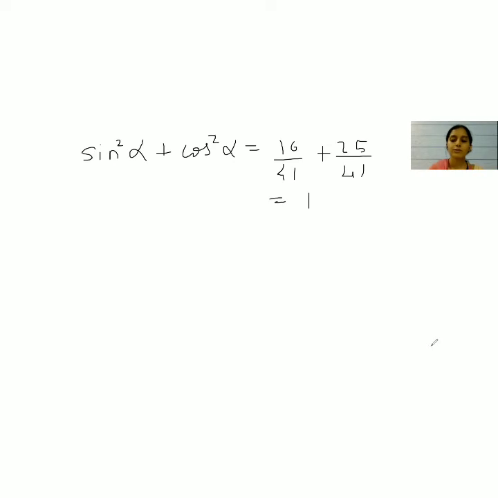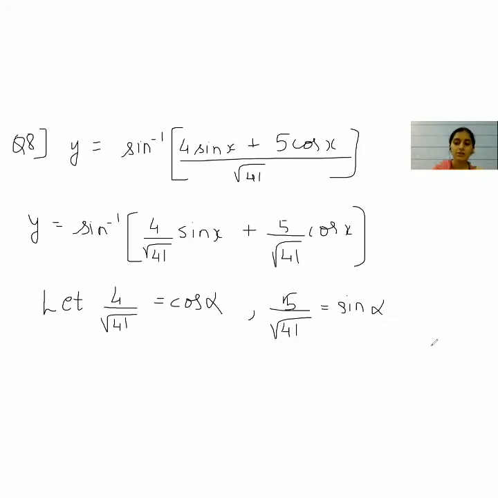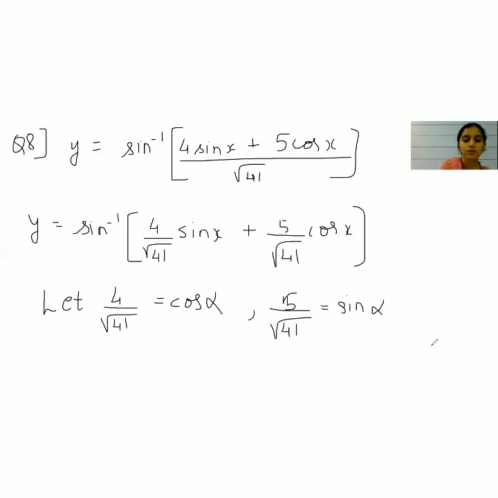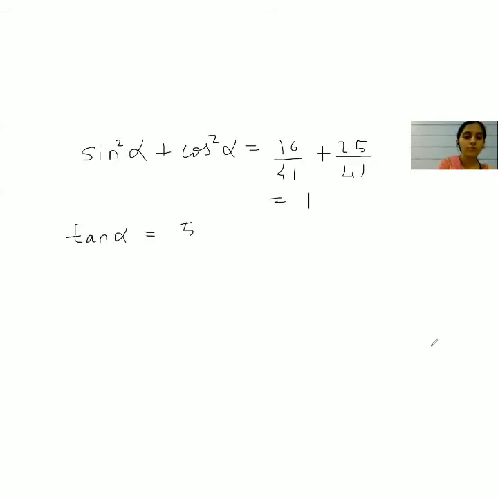They are a part of a right angle triangle, right? And so we can write tan alpha as sin upon cos. So what is sin? It is 5 and cos is 4. So 5 upon 4. Therefore, alpha is equal to tan inverse of 5 by 4. Correct?